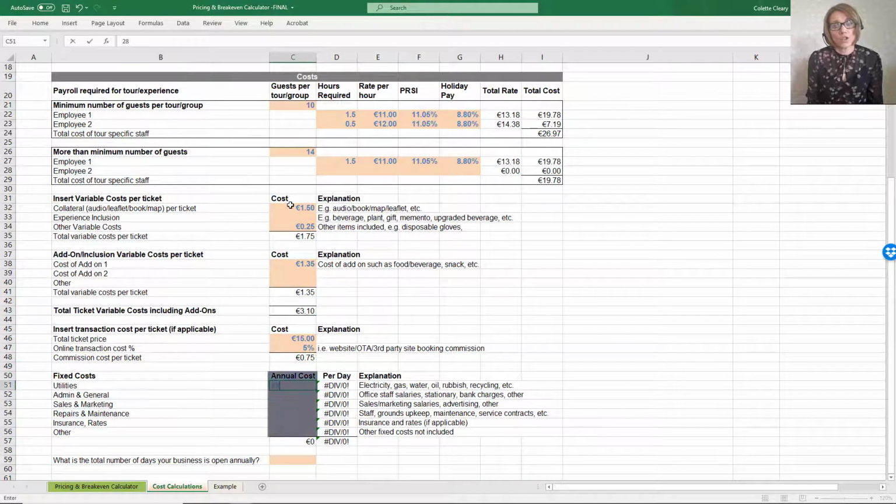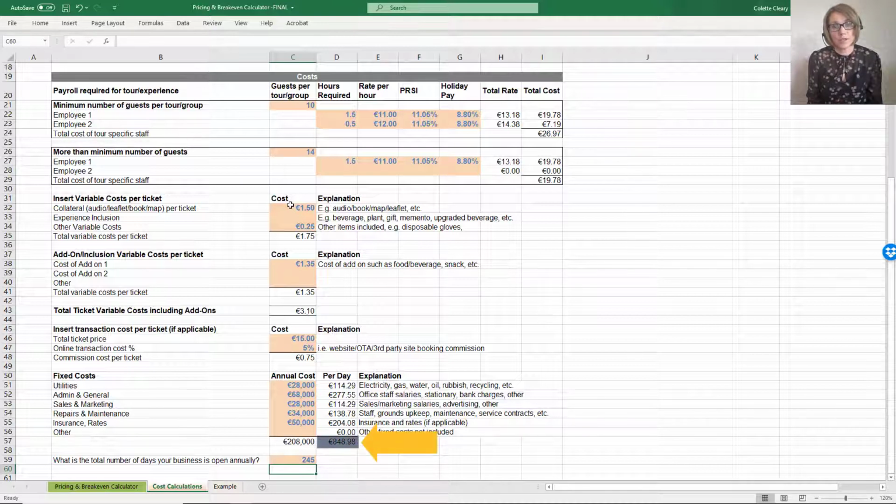Calculation of your fixed costs are here. Insert your annual cost, either last year or the budget for this year, along with the total number of days that your business is open annually. This will then calculate your daily fixed cost rate here in this cell.